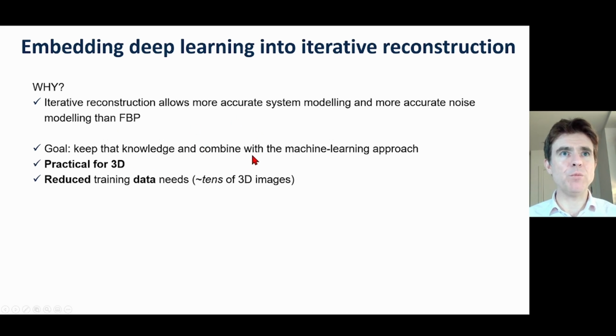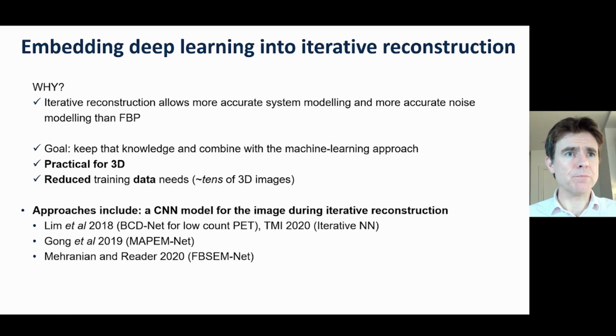So the goal here then will be to use that physics knowledge and combine it with that machine learning, data-based learning as well. And we want it to be practical for 3D and only get by with a limited number of training examples. So there are convolutional neural networks that are used for this. I list some of the references here, and I'll be focusing on the example that I worked on with Abulfaz Moranian a few years back.